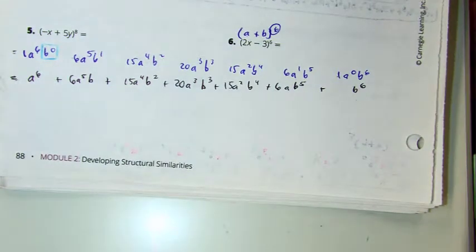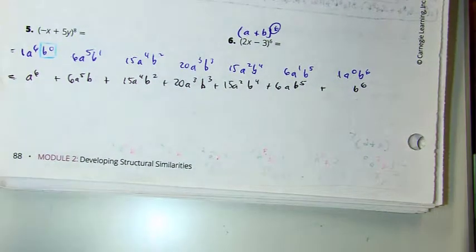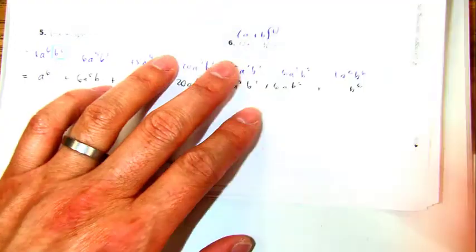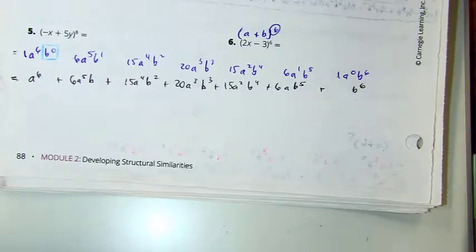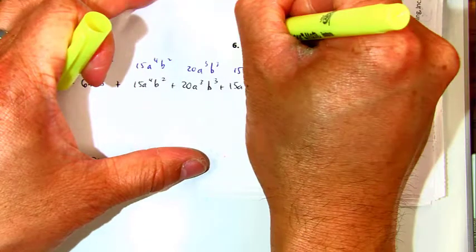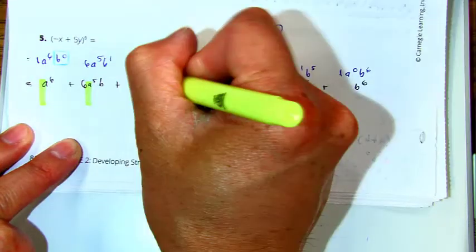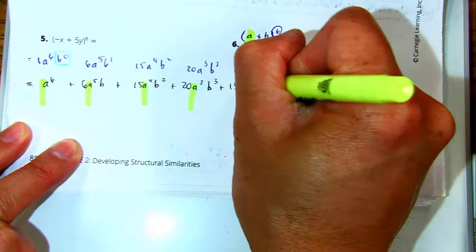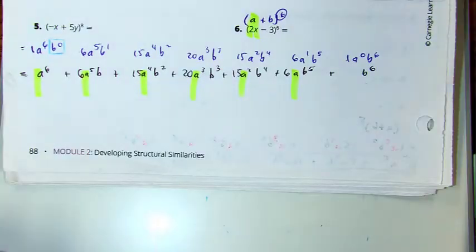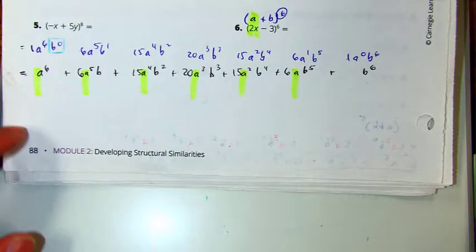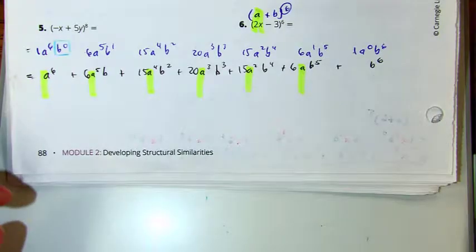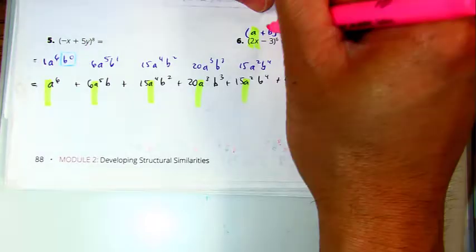Today's lesson is just doing a substitution. Your a value, if you have a highlighter, super helpful, a value is going to be 2x. And pay attention, your b value is going to be negative 3.